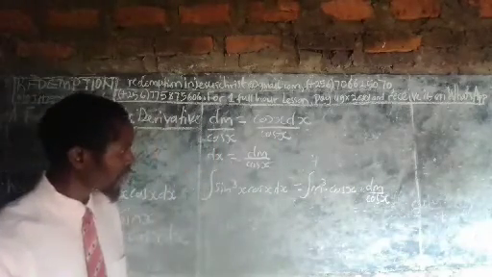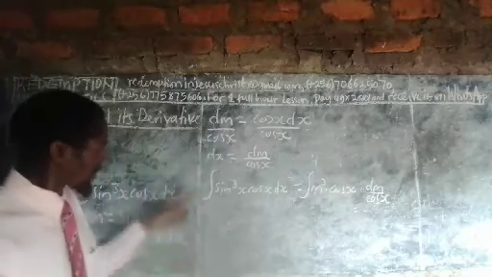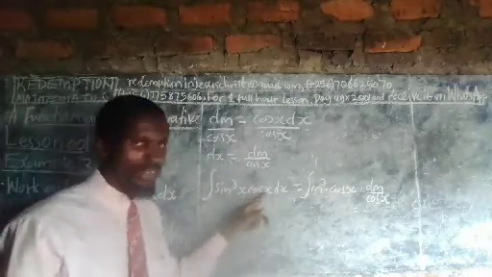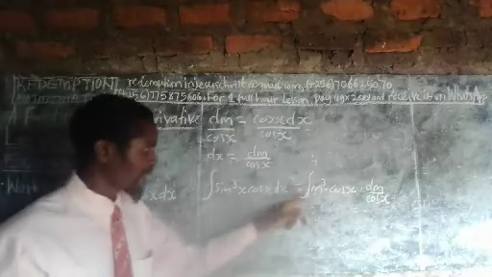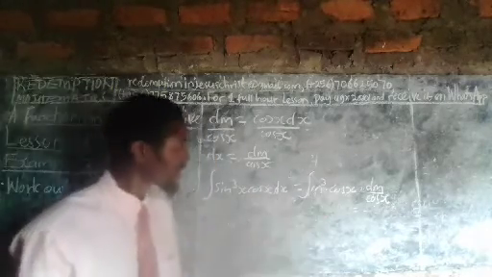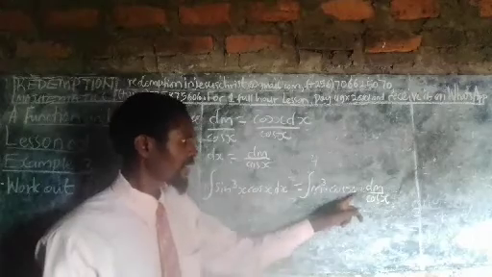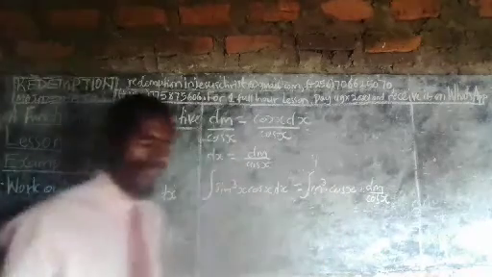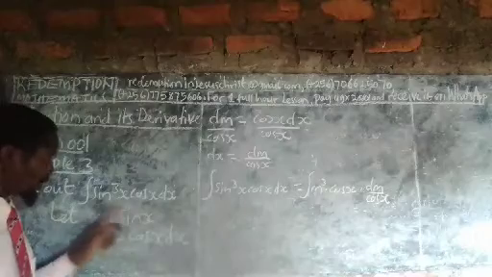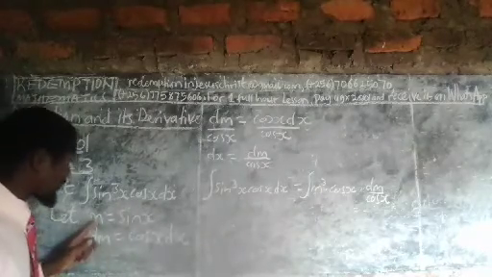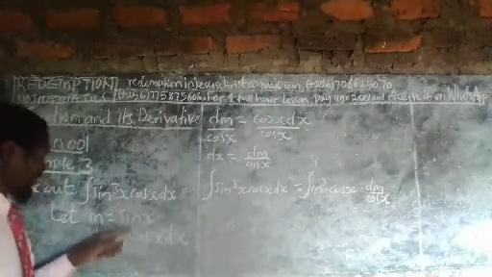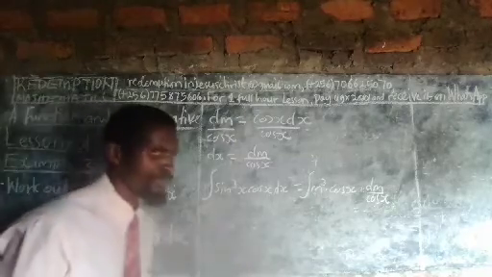I repeat: my problem, the integral of sine cubed x cos x dx, is now becoming the integral of m cubed cos x dm over cos x. Why? Because I changed the variable from x to m, where m is equal to sine x, so that sine cubed x is m cubed.